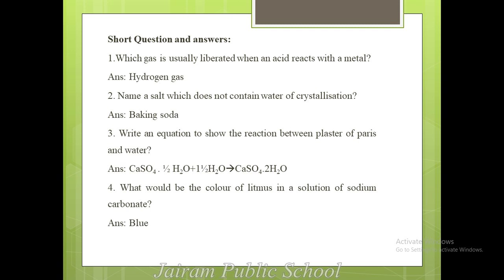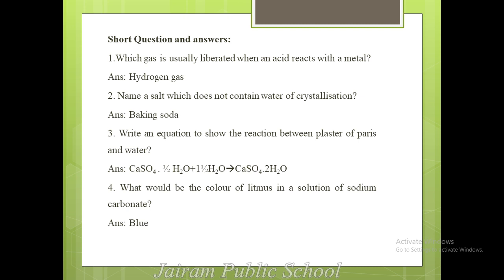Here, on heating gypsum at 373 Kelvin, it loses water molecules and becomes calcium sulfate hemihydrate, that is CaSO4 dot half H2O. This is called plaster of Paris, the substance which is used by doctors for supporting fractured bones in the right position. Plaster of Paris is a white powder, and on mixing with water it changes to gypsum once again, giving a hard solid mass.